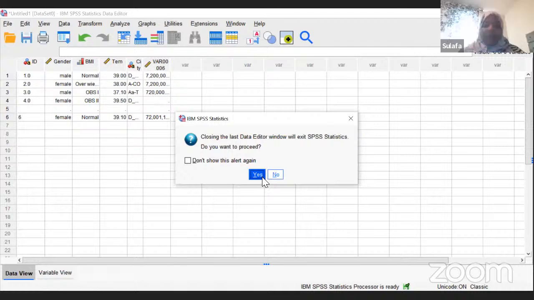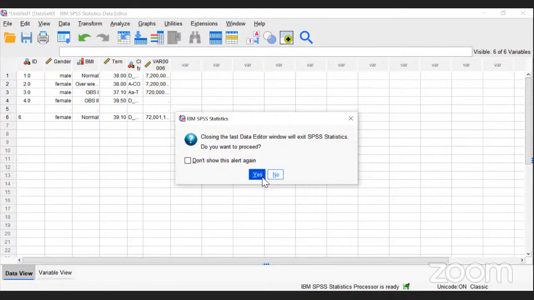Okay, so now I will close the window and try to import the data from my computer. I'm sorry, it is a little bit slow.